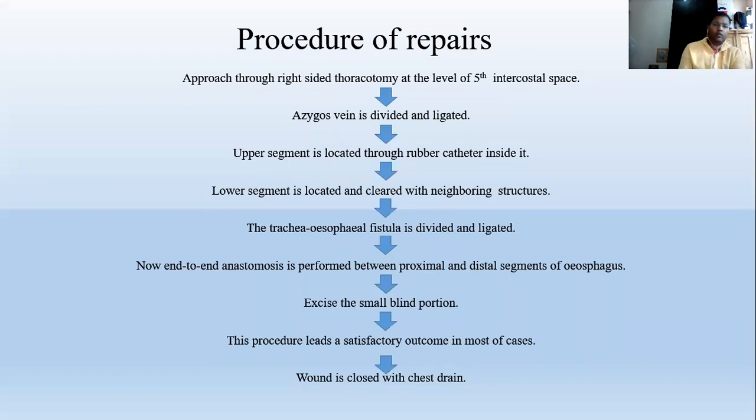After that you get the two ends of the esophagus, proximal and distal end. Then if the blind end is there, meaning the closed end, you just excise a little bit to make a lumen inside, in the proximal as well as distal segment of the esophagus. Then you close with end-to-end anastomosis.